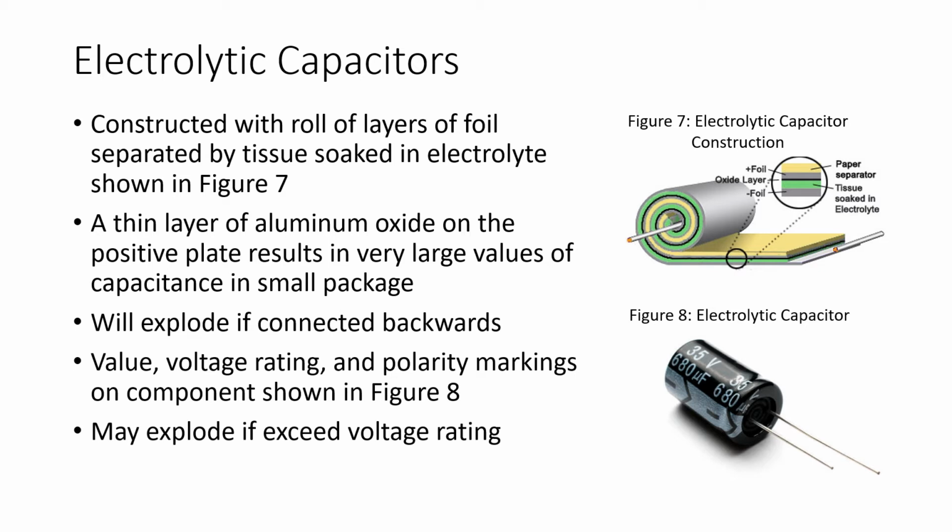And generally speaking, as you note in figure 8, the negative terminal is the shorter of the two leads. So two things with these capacitors: again, you must observe polarity, but you also must observe the voltage rating. If you exceed the 35 volt rating of this capacitor, it may explode.